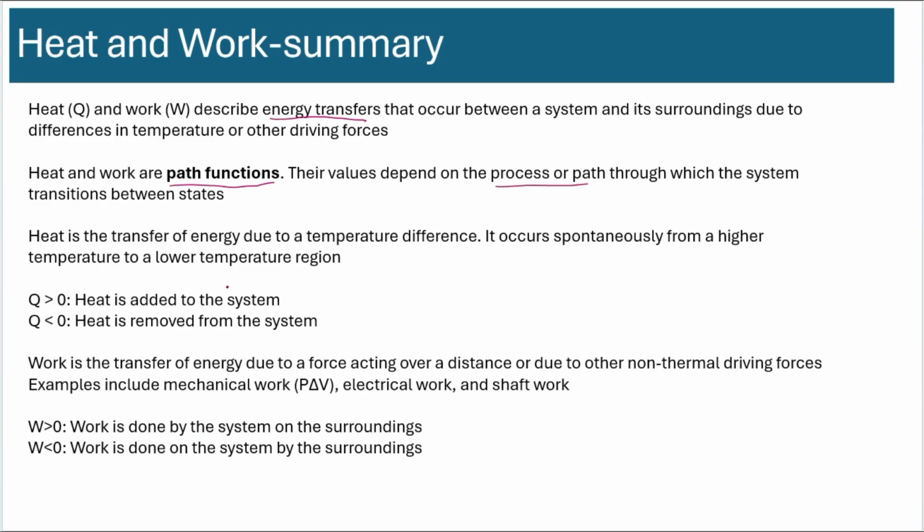Heat is a transfer of energy due to a temperature difference. It occurs spontaneously from a high temperature to a low temperature, typically. If heat is added to the system, the value is positive. If heat is removed from the system, the value is negative.